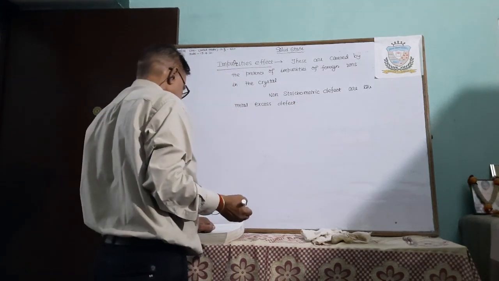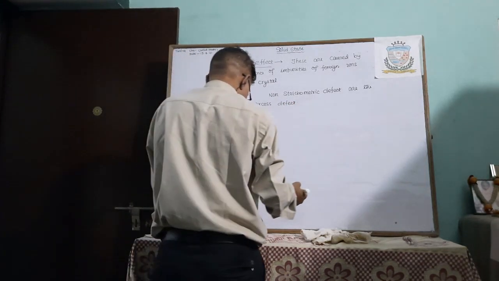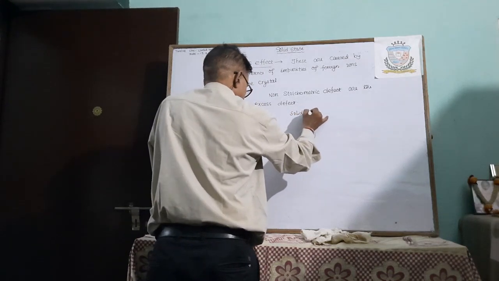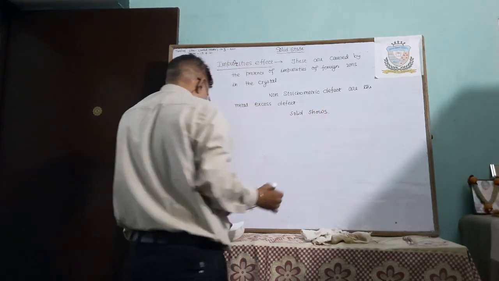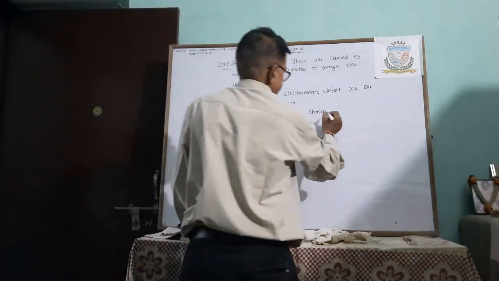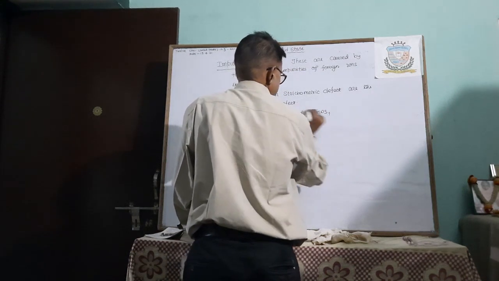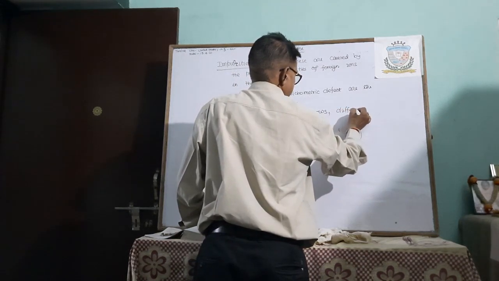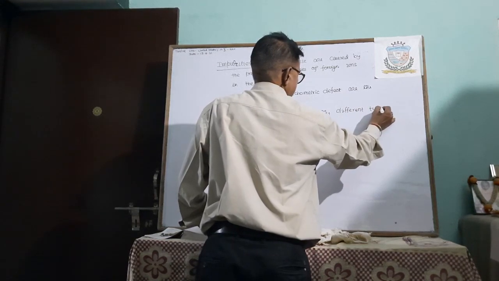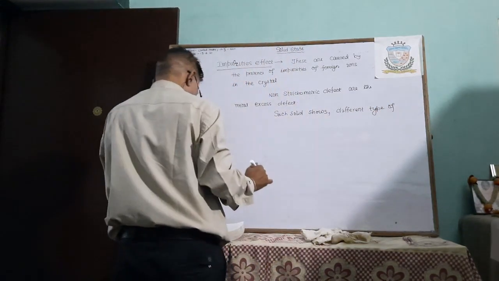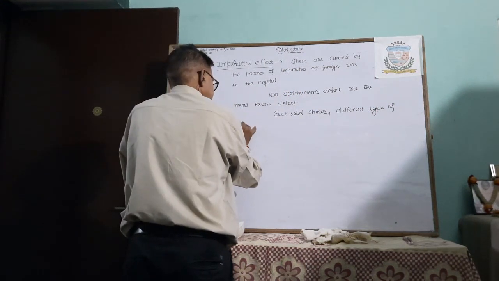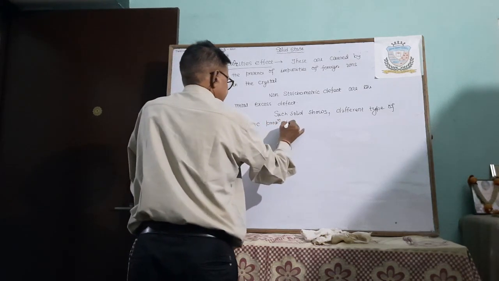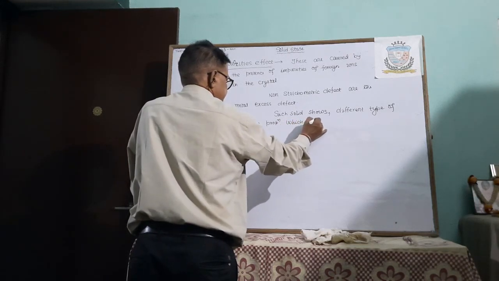Solids show different types of magnetic properties, which are as below.